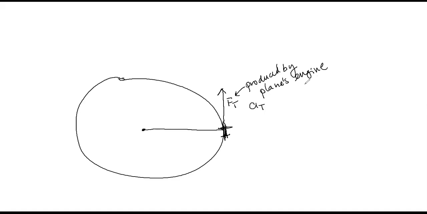Of course, if you're going to tell me there's another force, the centripetal force, in here, but that's not what we're talking about. We're talking about this net force that is moving the plane. I'm holding it, otherwise if I don't hold it, it just goes straight. So this net force is produced by the plane's engine. The engine is making the plane go around, and the reason it goes around is that I'm holding it by the string.